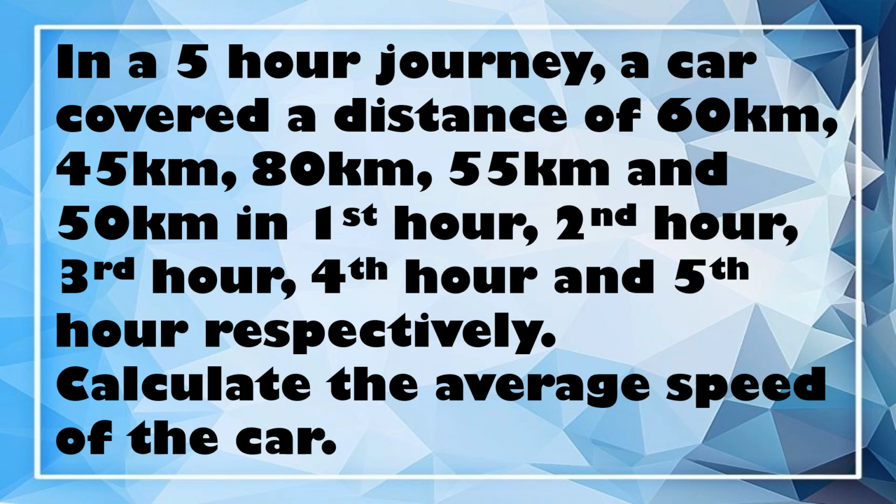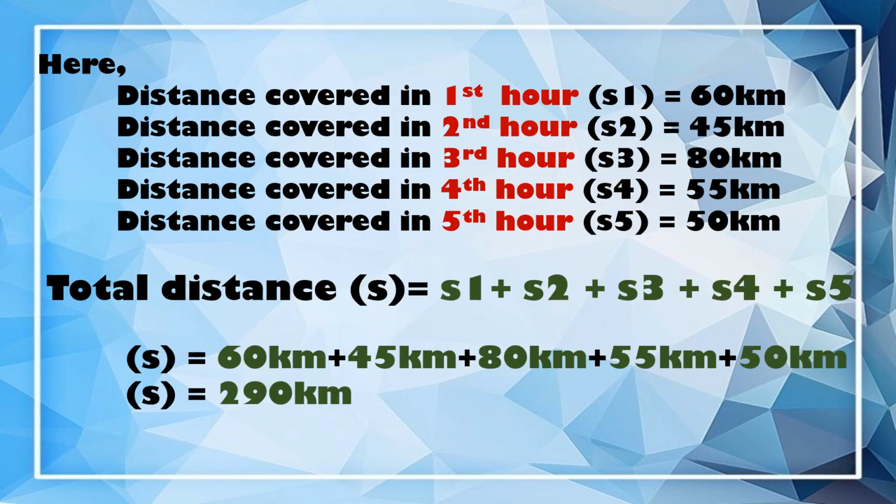Now let's discuss the solution. Here, distance covered in first hour S1 equals 60 kilometers. Distance covered in second hour S2 is equal to 45 kilometers. Distance covered in third hour S3 is equal to 80 kilometers.